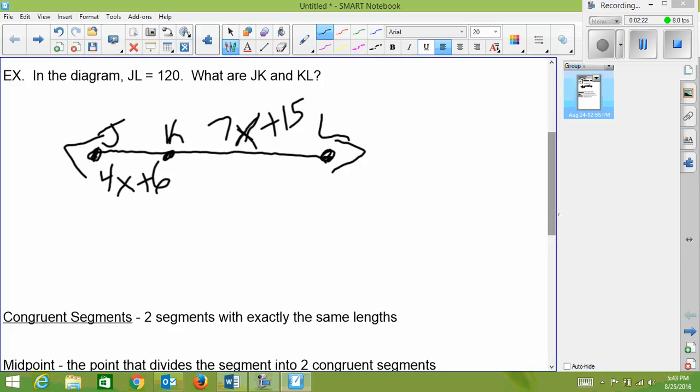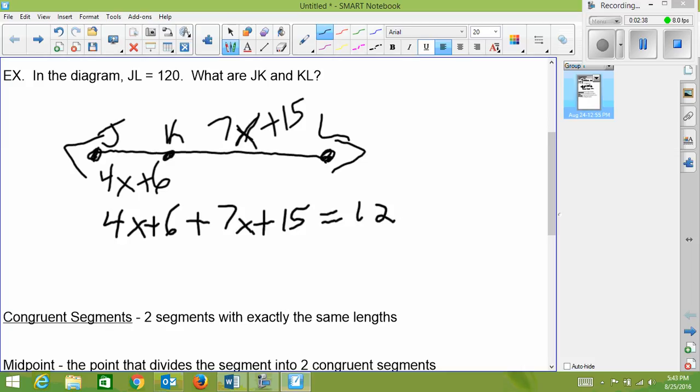So how am I going to do that? Well, I can see by looking at this that JK plus KL is going to equal JL, right? So 4x plus 6 plus the 7x plus 15 is going to equal my whole 120. Because they told me J to L is 120, so it has to equal the whole thing. So I'm going to solve this like a regular algebra problem.